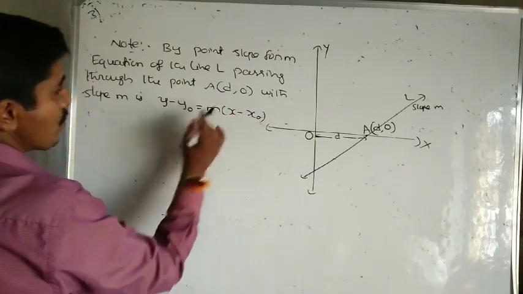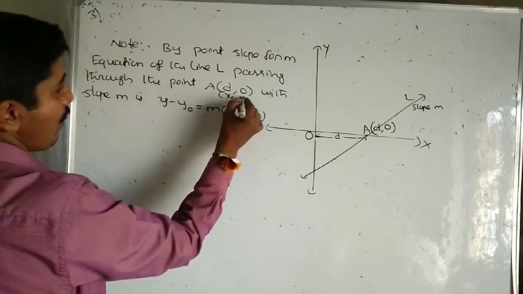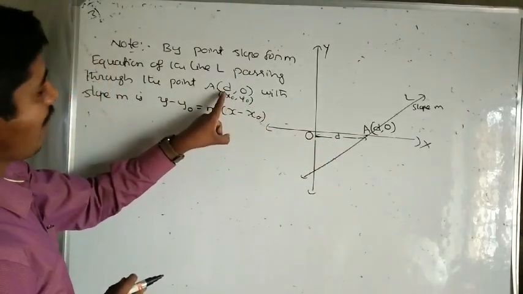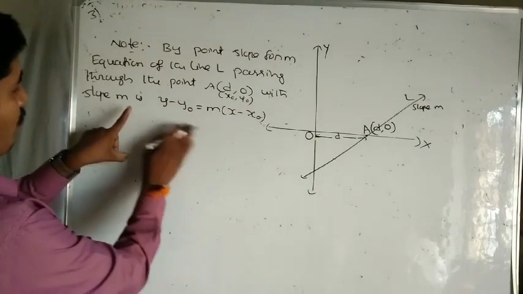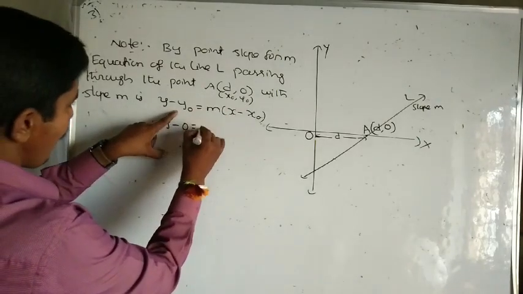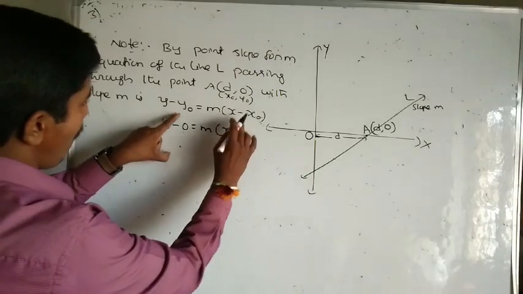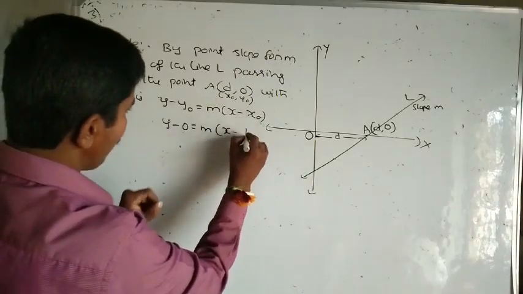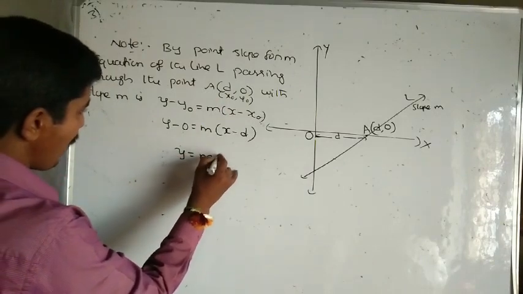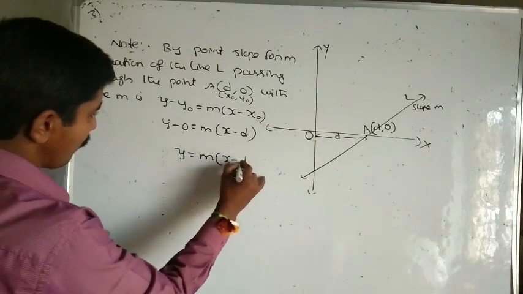Here the point is x naught, y naught. This means x naught equals d, y naught equals 0. Substitute: y minus 0 equals m into x minus d, so y equals m into x minus d.